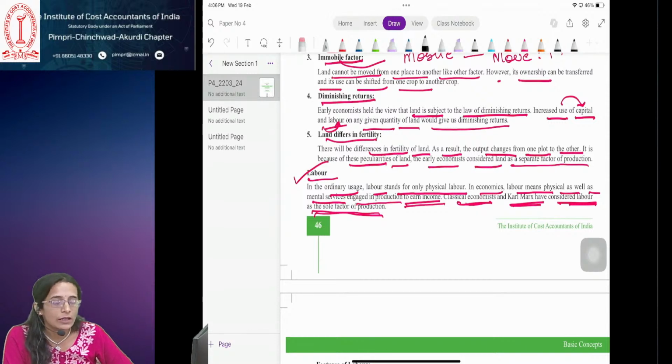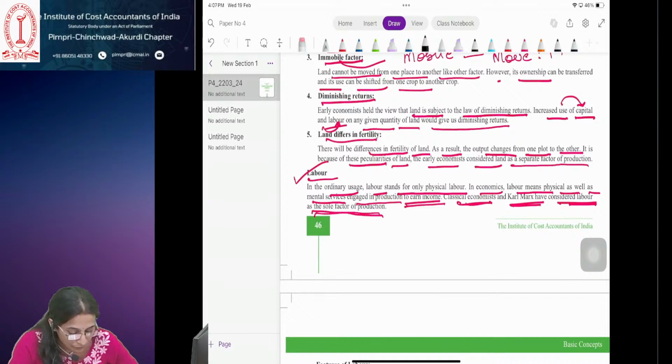But in economics, besides physical labor, mental services which offer peace are also included as labor. Like a psychiatrist, he is also a laborer because he is providing mental services for the peace of the patient, right? So that is the one addition given in this definition.